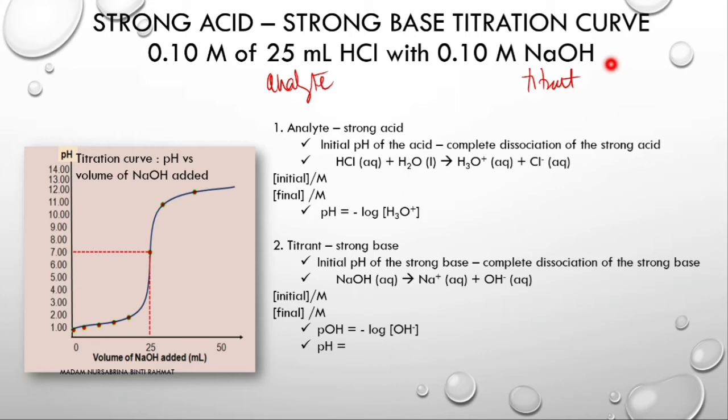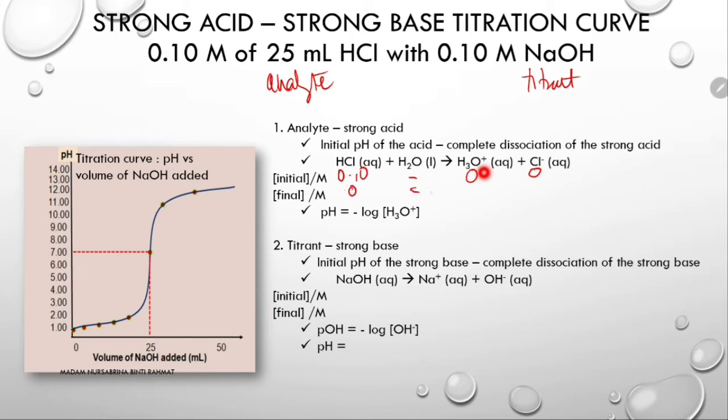Since this HCl is a strong acid, it completely dissociates in water. I have 0.10 molar of my HCl. Water, ignore. H2O plus 0 and Cl minus 0. At the end, all the hydrochloric acid will be completely changed into H3O plus and Cl minus.